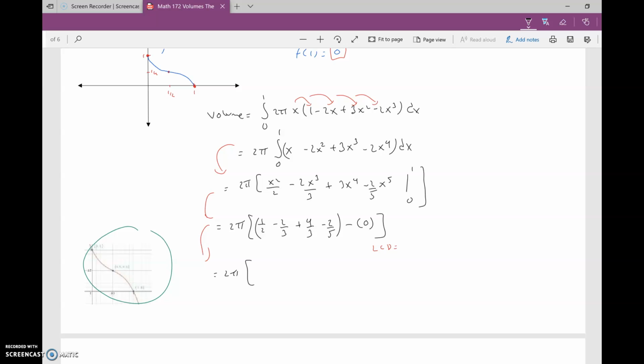So we had a 3 there and a 4. Okay, let me double check the whole thing. So this is 1/2 minus 2/3 plus 3/4 minus 2/5. And the exponents are 2, 3, 4, and 5. Okay, we're good. So this, it's going to be 3/4.